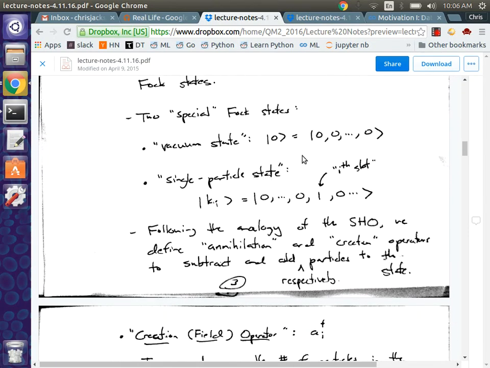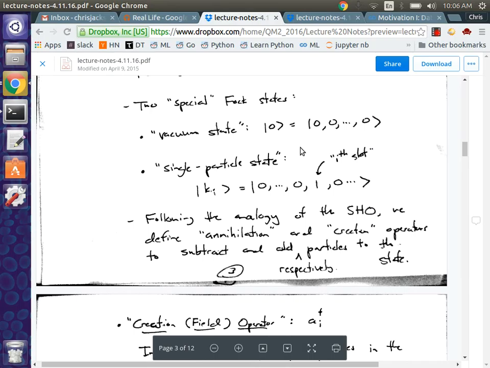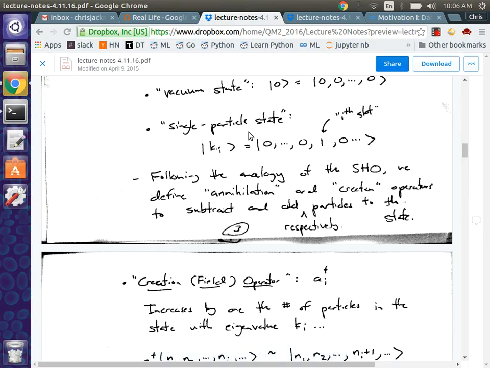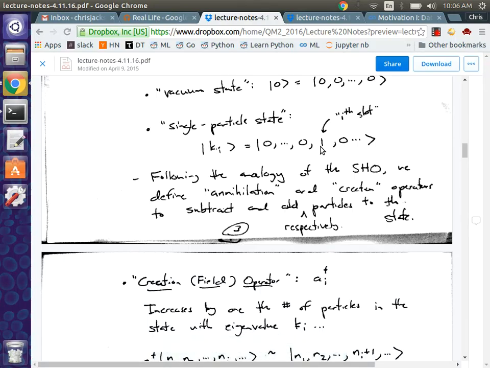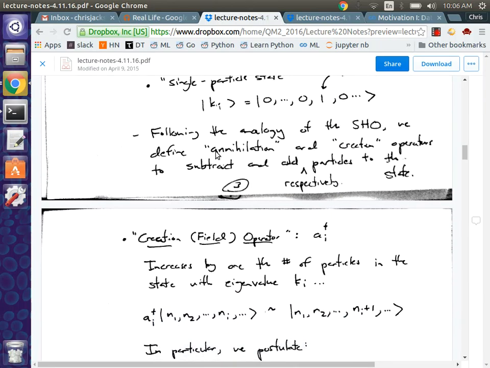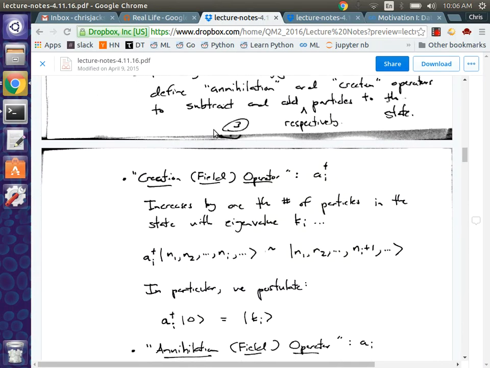So we started by writing down some formalism. We defined the vacuum state to be where you have all zeros in this ket. We defined a single particle state to be one where you have all zeros except for one slot where you have a 1. So this is a single particle that has eigenvalue k, or k sub i, I guess you should say.